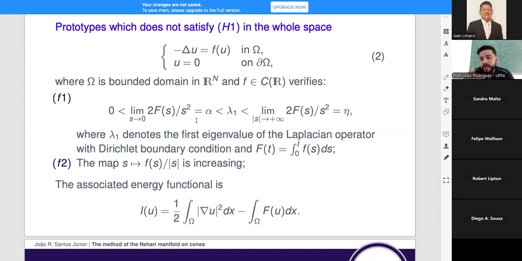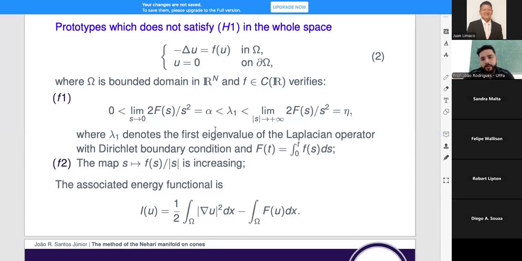For example, some kind of behavior at infinity, like an asymptotically linear condition at infinity, okay, and at 0.